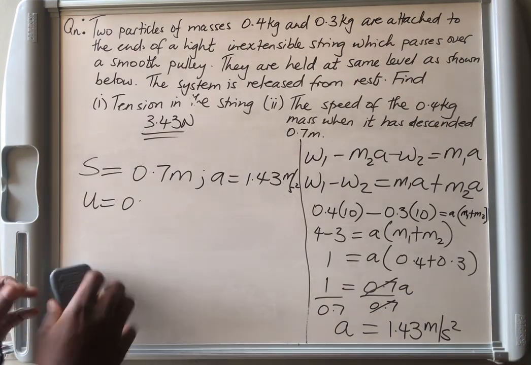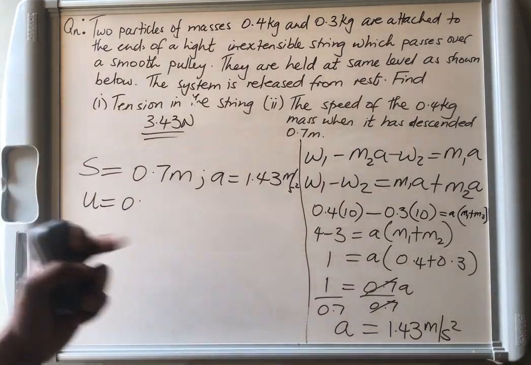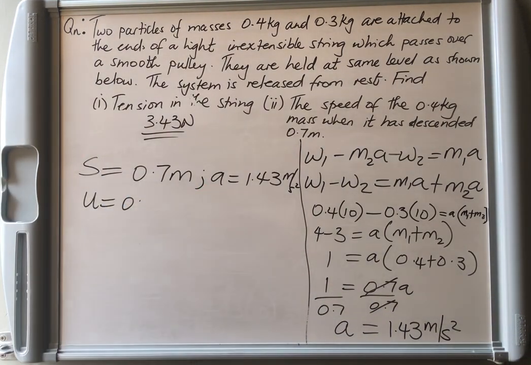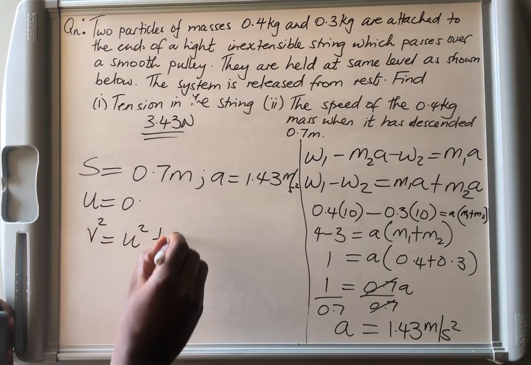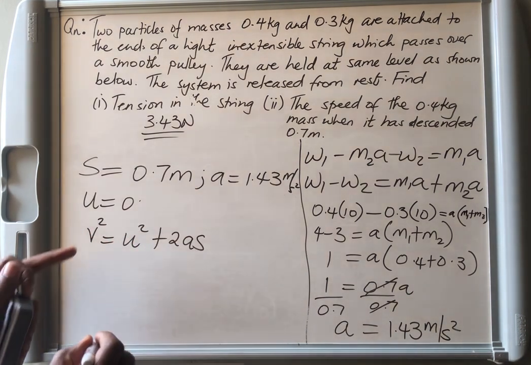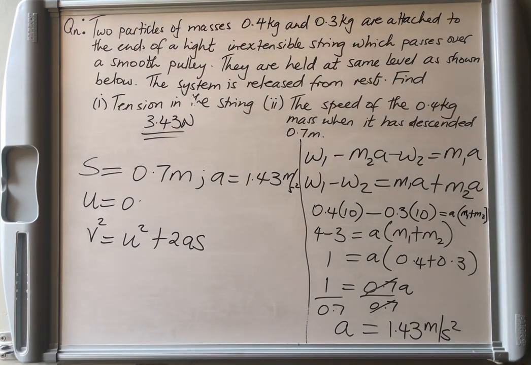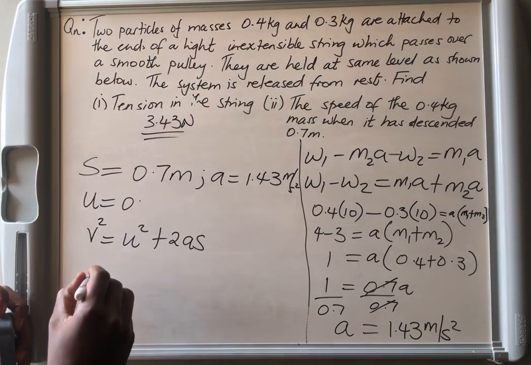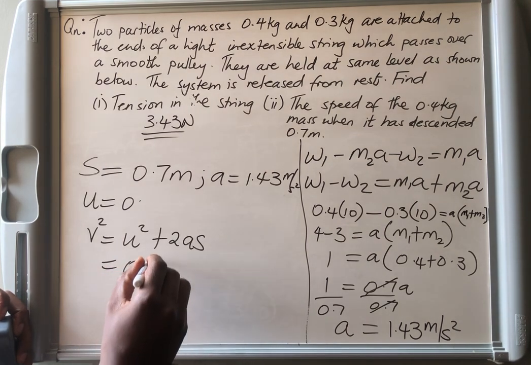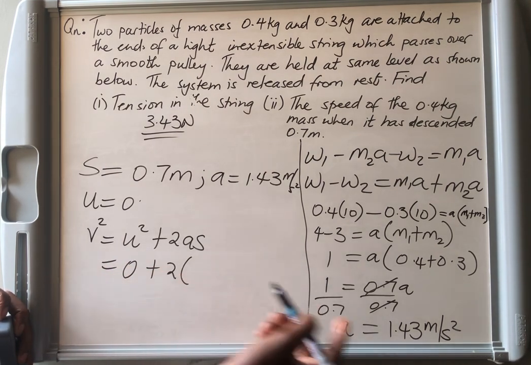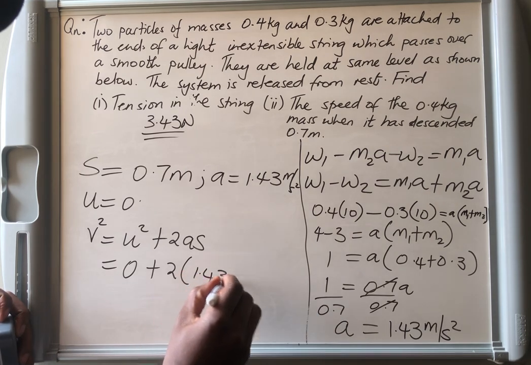So to solve for that now, since we have S, we have A, we have U, the only formula that can allow us to do so using the equations of motion, it's this formula that says V squared is equal to U squared plus 2AS, where we are looking for V, isn't it? So since we know that U is 0, we are going to put a 0 here, plus 2 acceleration, we just found it here.